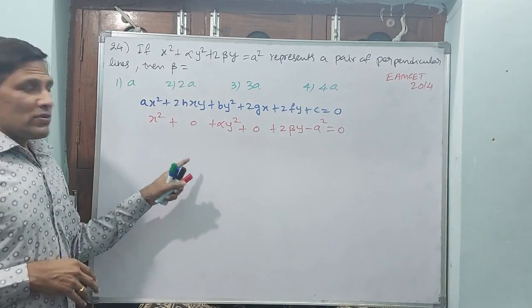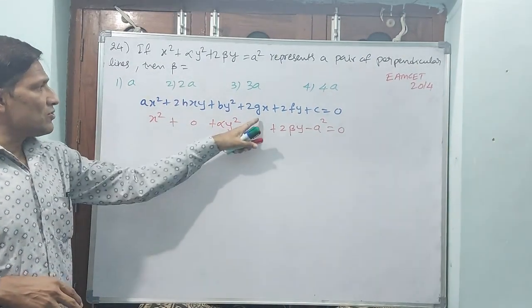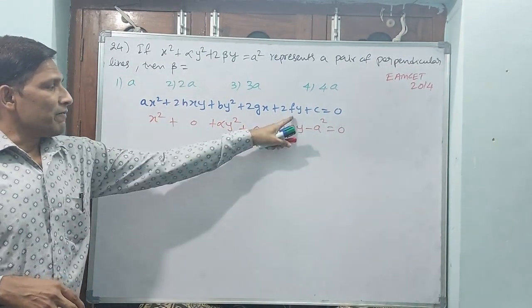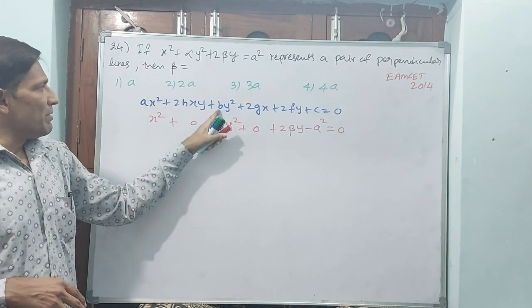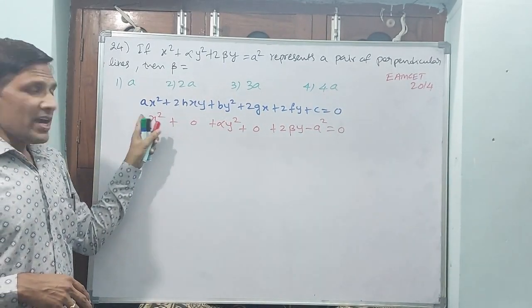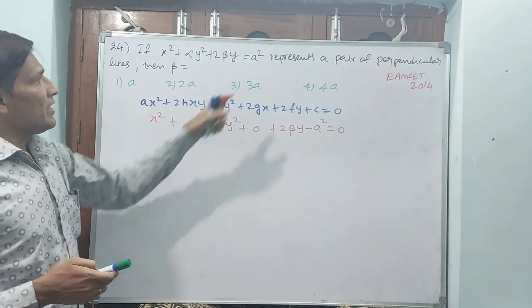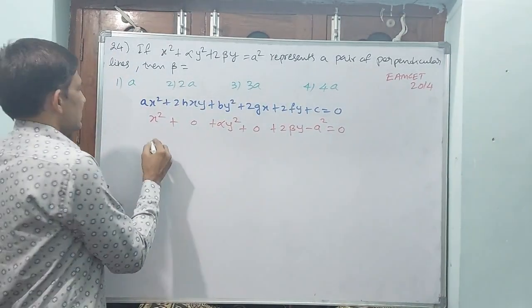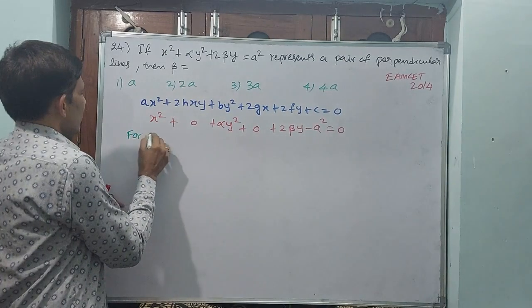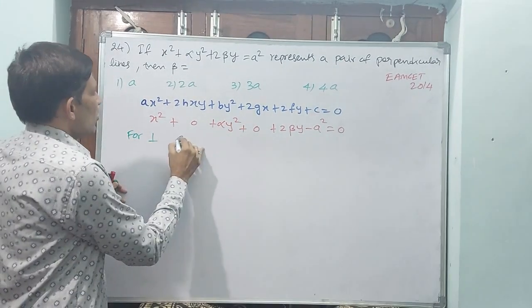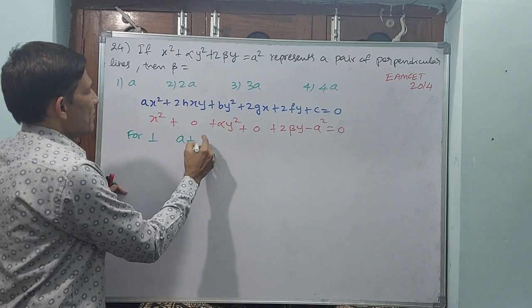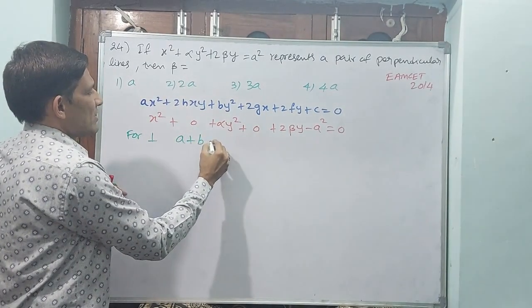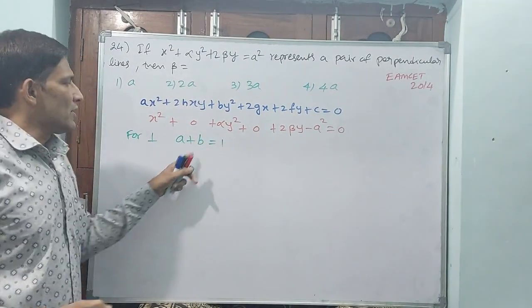Now h is 0, g is 0, f is beta, b is alpha, a is 1. Perpendicular means for perpendicular, the coefficient of x square, a, plus the coefficient of y square, b, together should become 0.